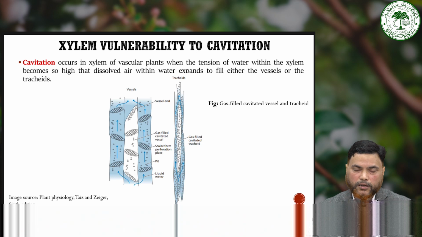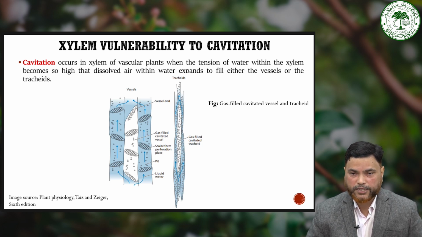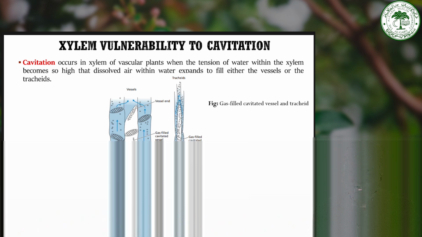So, embolism may also form in frozen vessels by sublimation, and embolism can also be observed during biotic stress, like any sort of pathogen attack that induces water stress in the host by reducing the hydraulic conductivity in the xylem, which could also lead to embolism.